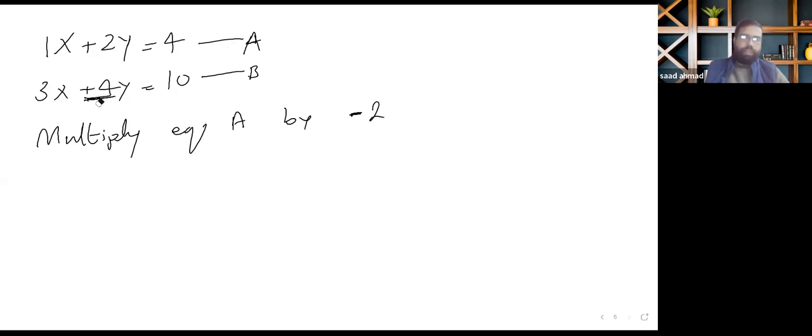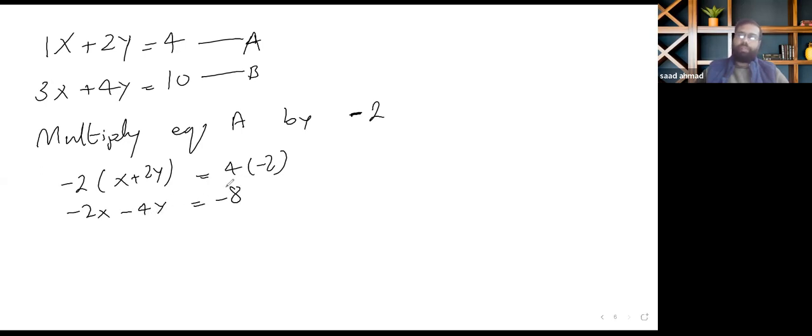So now we are multiplying the equation A by -2. So we will get -2 into x plus 2y, 4 times -2. Whatever you do, do it on both sides. So you will get -2x, -4y equals -8.